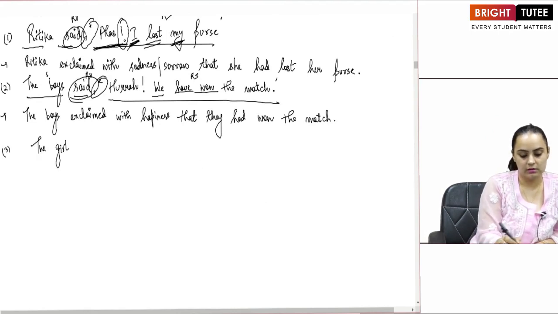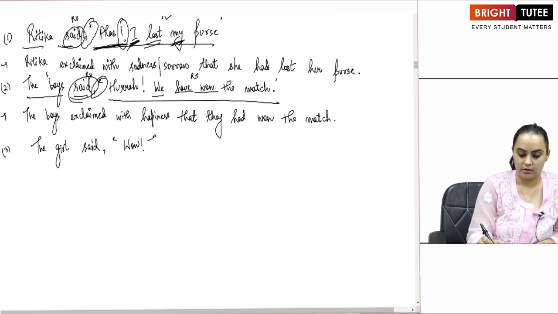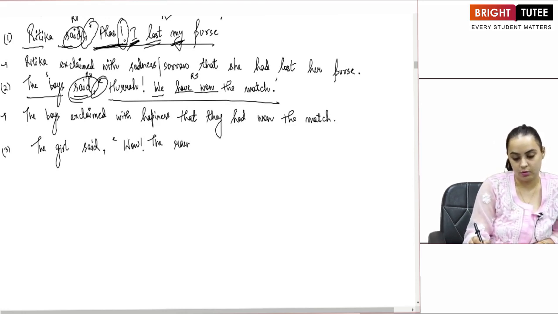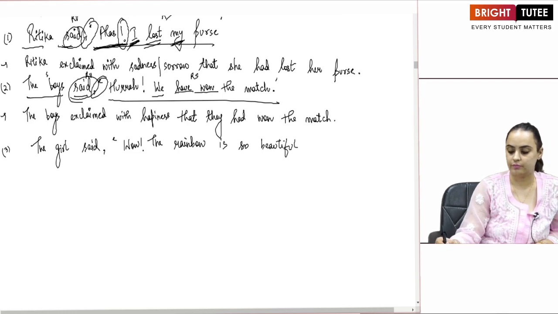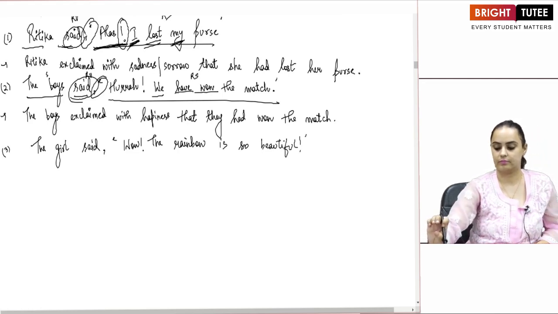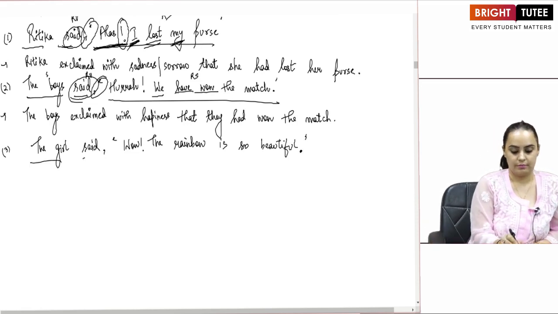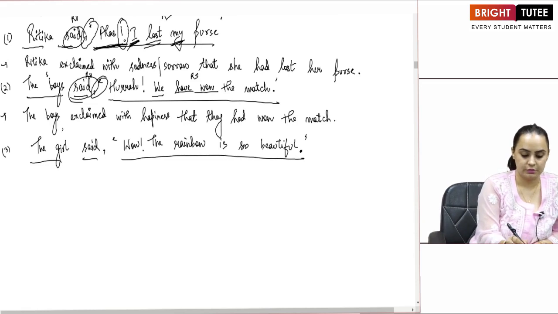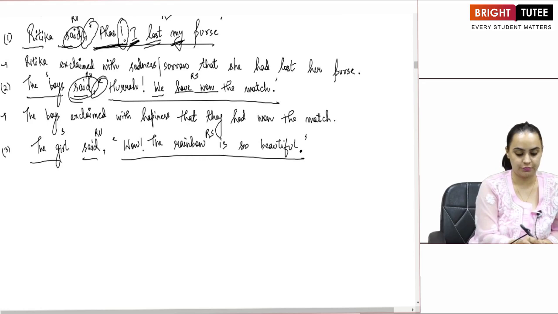The girl said, "Wow, the rainbow is so beautiful." Break. So speaker, reporting verb and reporting speech.